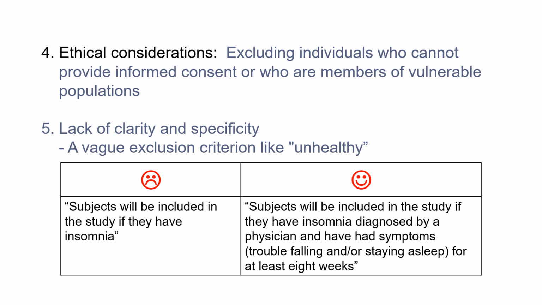Why is it necessary to be clear and specific? This is to control external or other factors, also to ease replication of the study for other researchers, and third, to increase reliability of results because it guides the composition of your patient or participant pool.